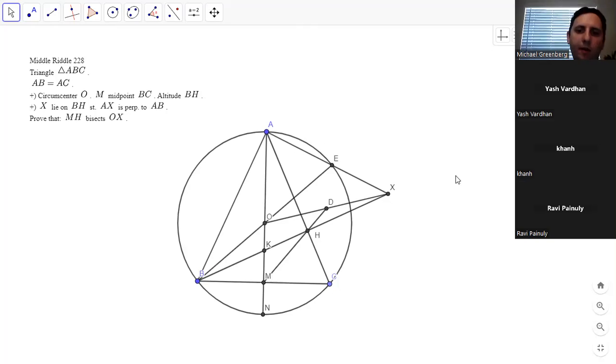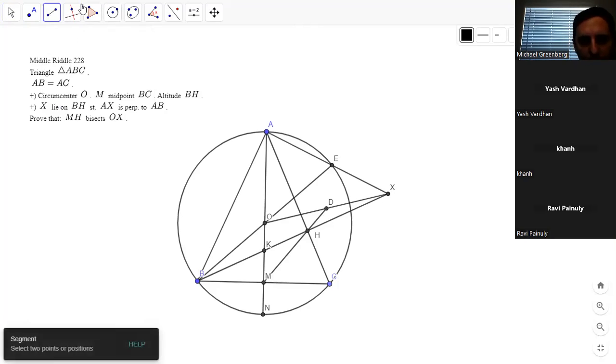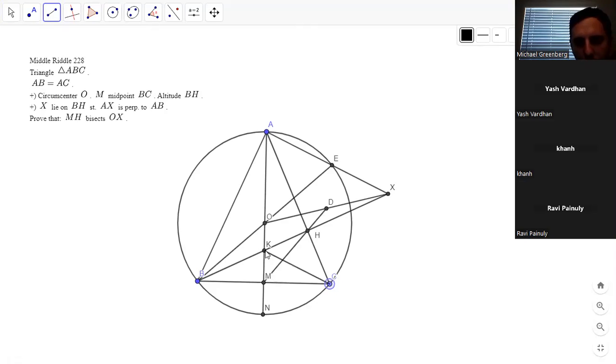We will have CK is parallel to AX, since they are both perpendicular to AB. Yes. So HK over HX is HC over HA, because these are parallel.